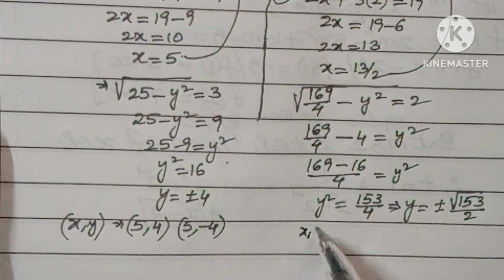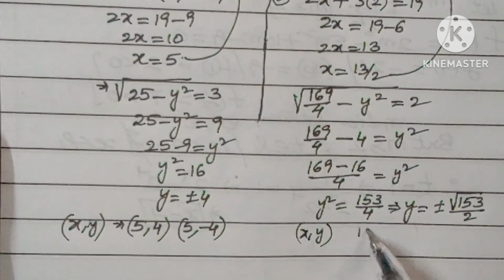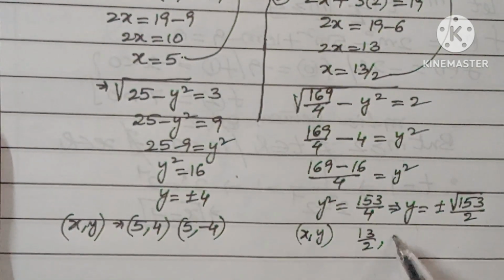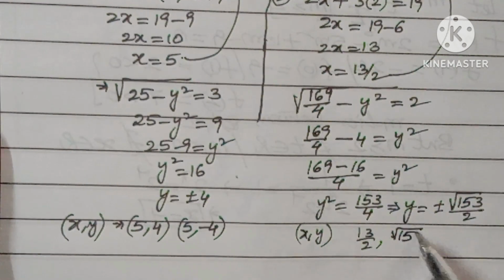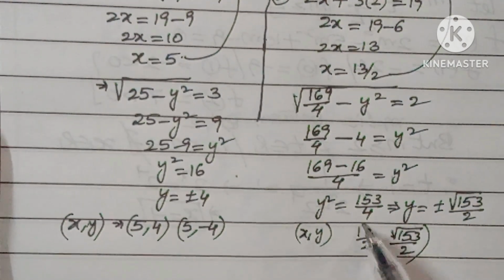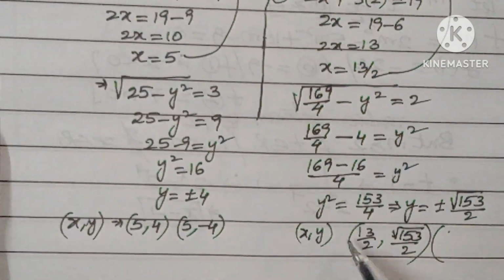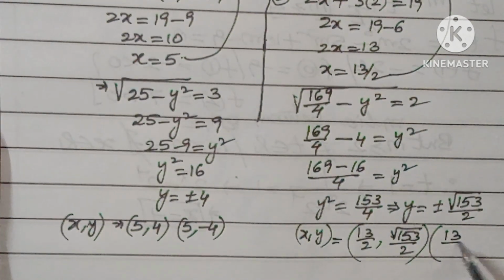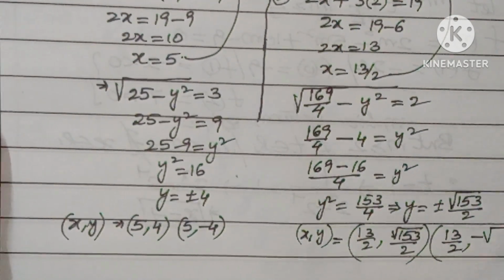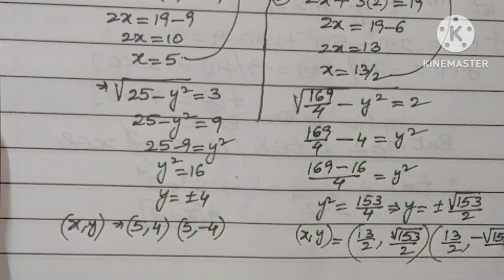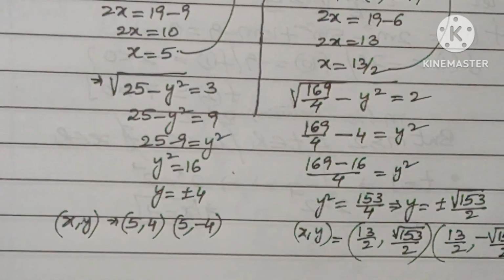So the values of x comma y are 13 by 2 comma √153 by 2, and the second one is 13 by 2 comma minus √153 by 2.